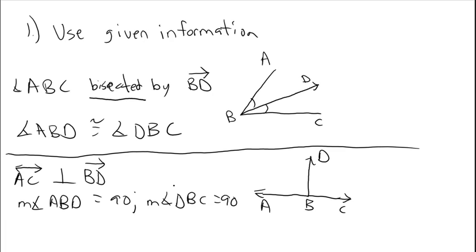Another thing we could have said from the same statement is that we can automatically conclude that angle ABD is congruent to angle DBC, because if they're both 90, then they're going to be the same measure. We can derive all that just from the fact that it's perpendicular.